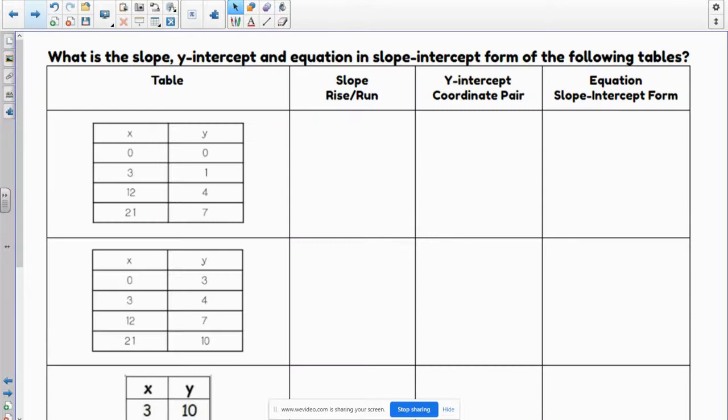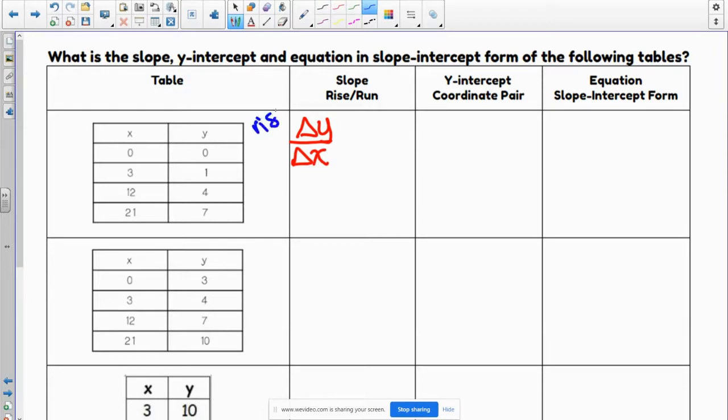Okay, so in a table here, or a chart, however you'd like to use it. In a table, you're going to look for slope, which, as we've talked about over and over, is rise over run. But when we're looking at a table, we have to look at it more as the change of the y over the change of the x. And again, rise is the y.